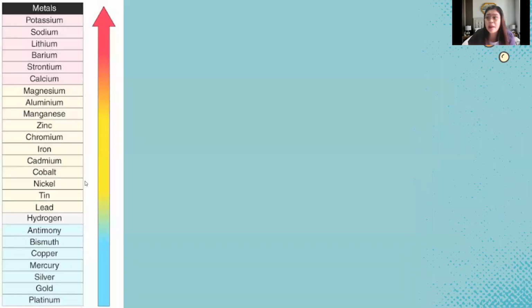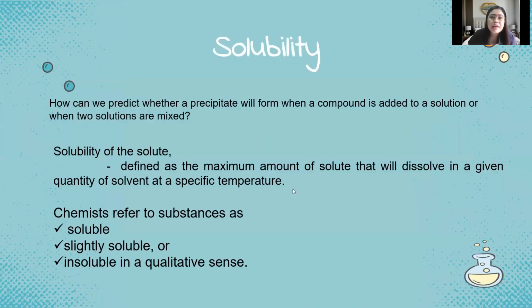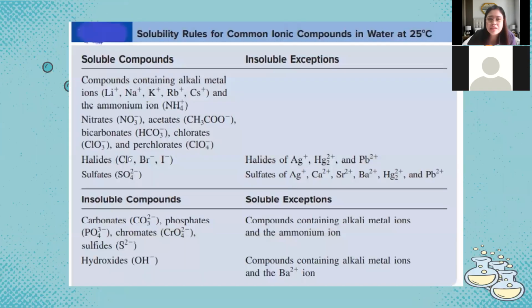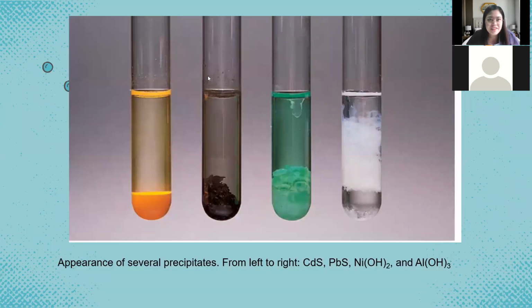Kasi medyo marami, pag i-memorize nato ni maglibog na ta sa kadaghan. And for the solubility rules, since medyo marami din ito, tapos may mga exceptions pa tayo, you may also place this in an index card. Okay? Questions so far?